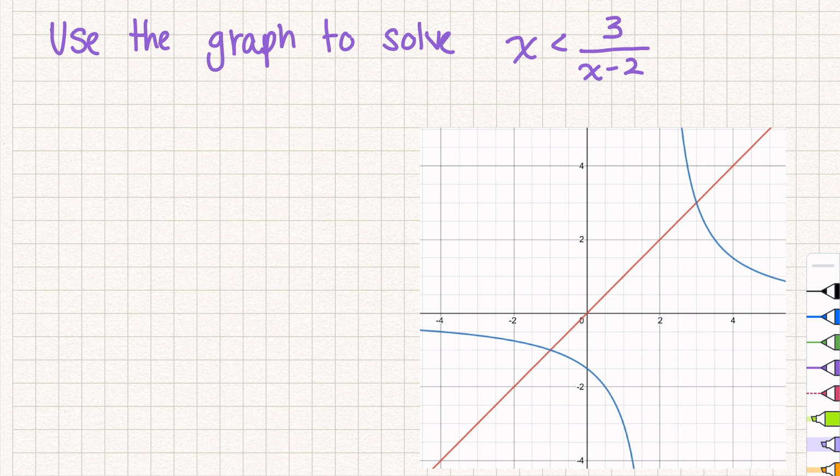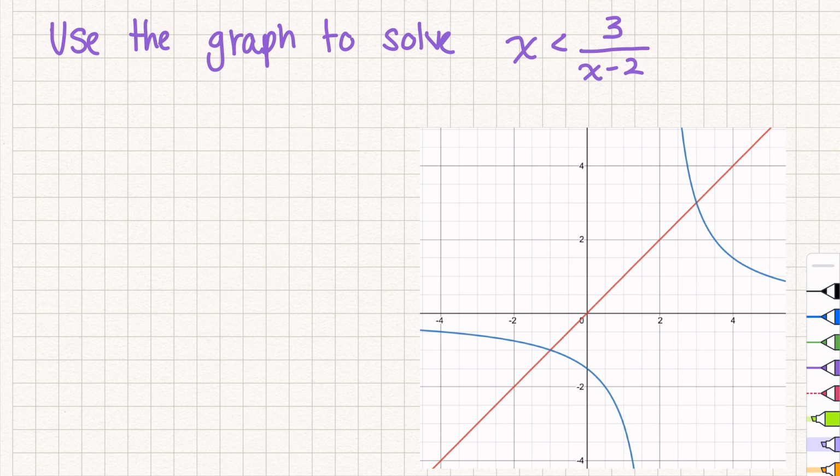We're asked when is x less than 3/(x - 2). So we're looking at when our diagonal line, the red line, is below the blue line. When is it below?